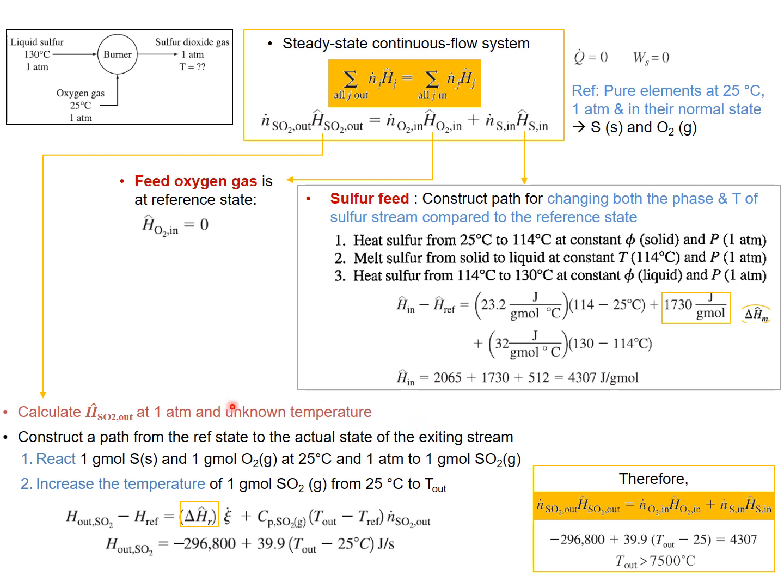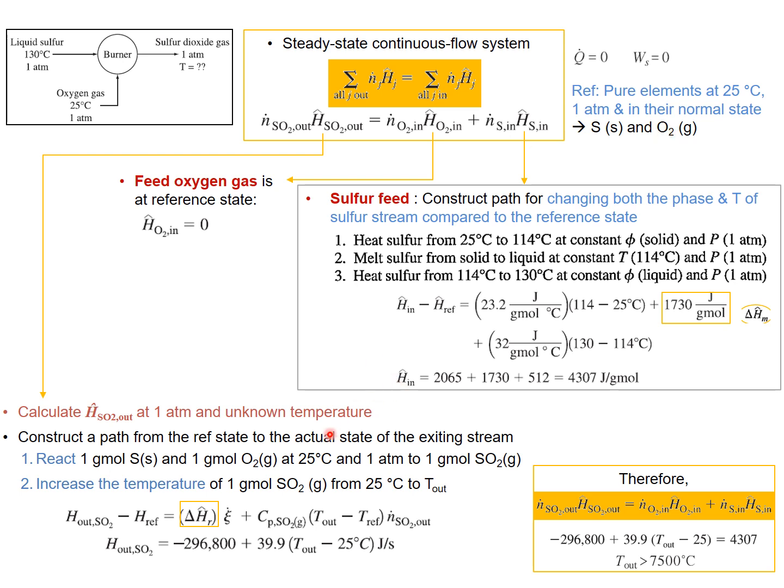So in the first case, let me react sulfur and oxygen at 25 Celsius degree and 1 atm to 1 gram of SO2. Again, I'd like to remind you of the reference state. We have solid pure sulfur and pure oxygen in gas phase. We have them also at 25 Celsius degree, 1 atm.